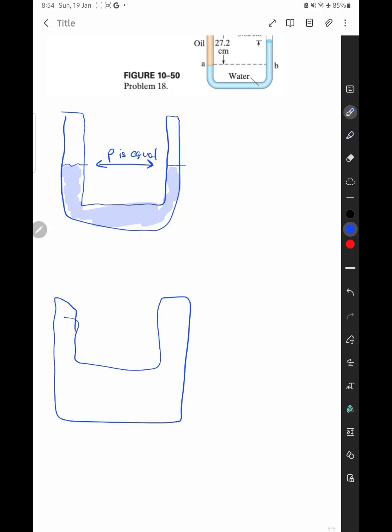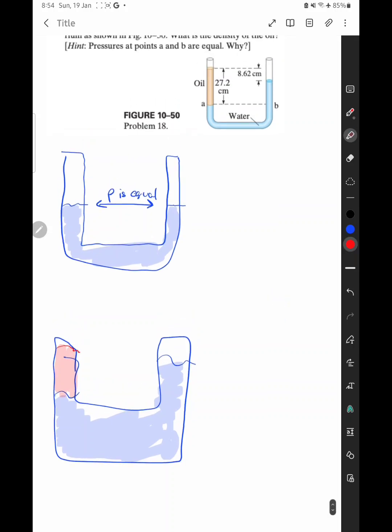Okay? Now, let's consider that to one side of the pipe, oil was added. All right? So there we have our water. And up here, there's oil, and there's a height distance. Well, let's use the exact numbers that they use, right? So the height of the oil to the water is 27.2.